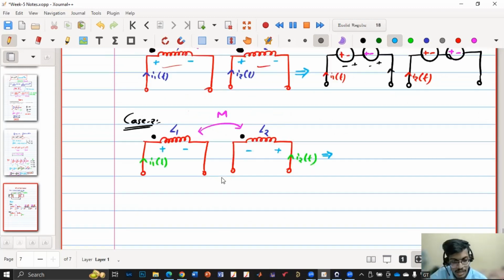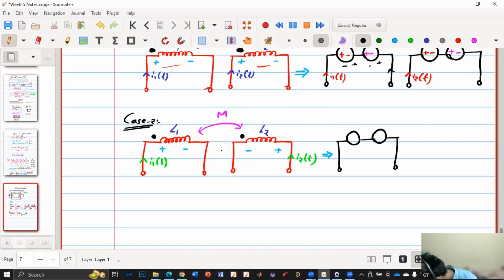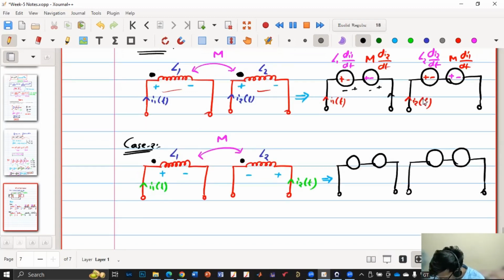First, I will always redraw the circuit, so it will be easy for me. First I'll draw two sources. In any problem, you follow this method, so the possibility of making mistakes will be reduced. Okay. And now I will draw the current direction.